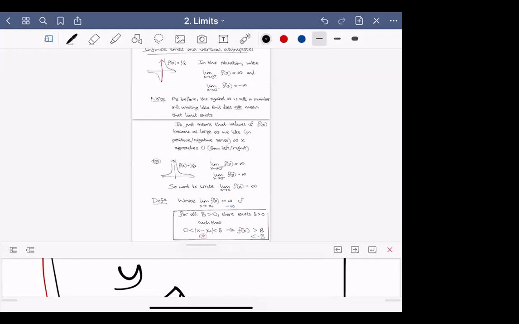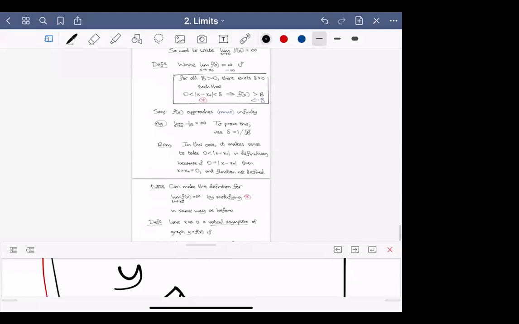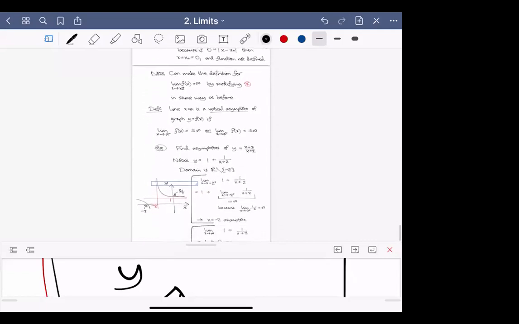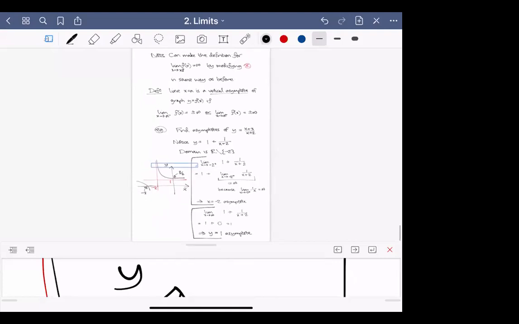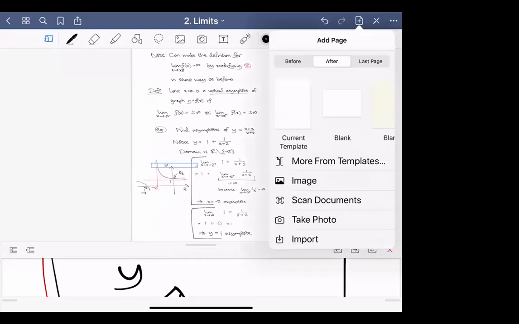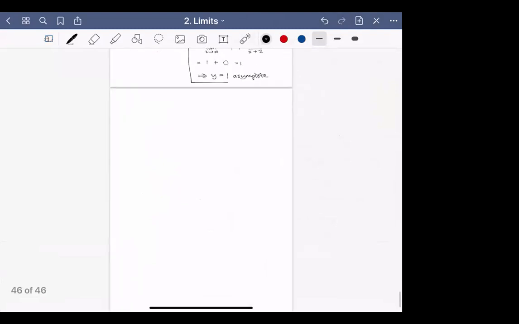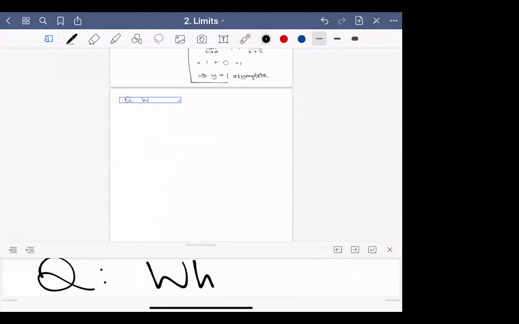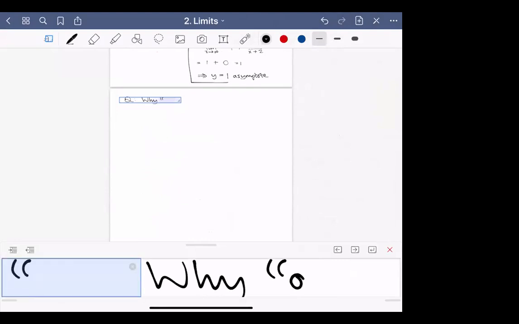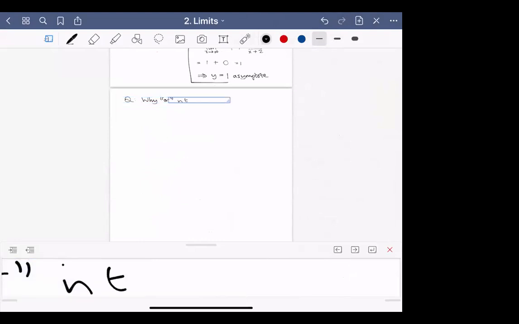Okay, and now I understand the question from Nat. Why is the definition for asymptote "or" instead of "and"? Well, let me give an example. So the question: why "or" in the definition?